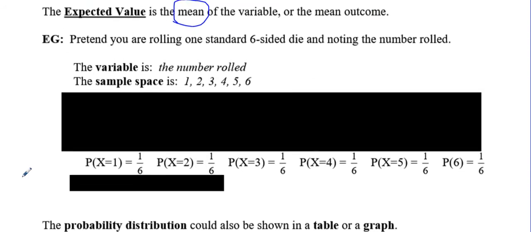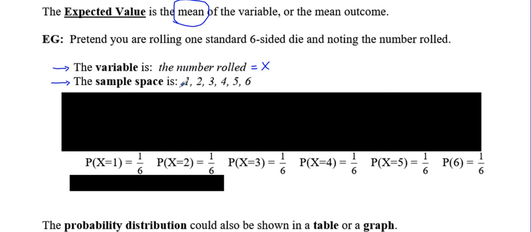To be able to make a probability distribution, there are two things you need to know. The first is the variable that's being measured. The variable being measured we usually represent with a capital X. In this case, the capital X is the number rolled. The second thing you need to know is all of the possible outcomes in the sample space. Each of these outcomes is labeled with a little x.